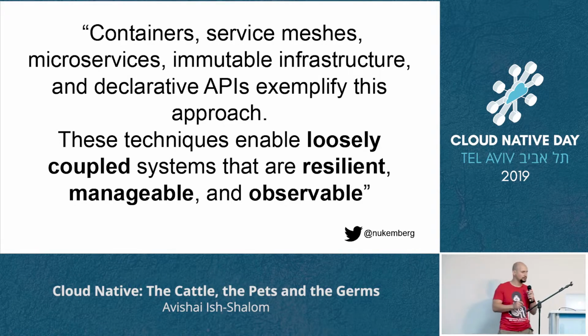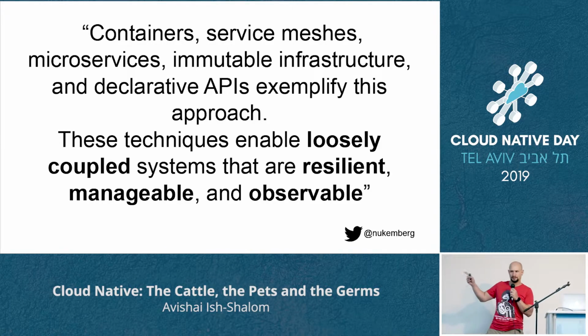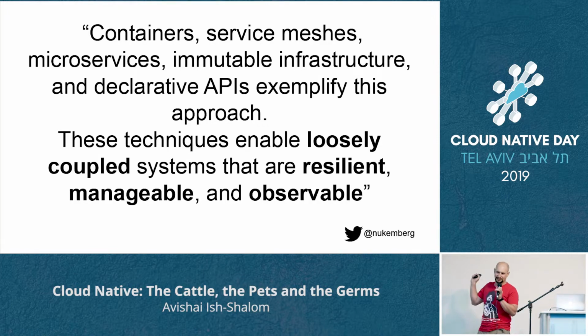We've got some principles that, presumably, if you build something that's loosely coupled and resilient and manageable and observable, then it's Cloud Native, I guess. You would notice that manageable is something that has been promised by every technology in the last 30 or 40 years. I'm just saying.